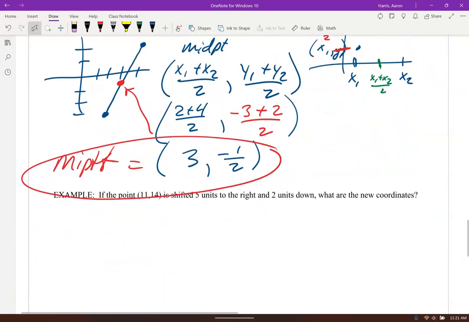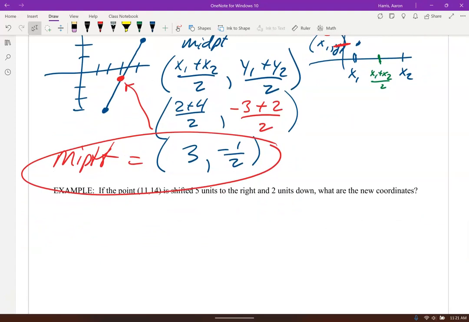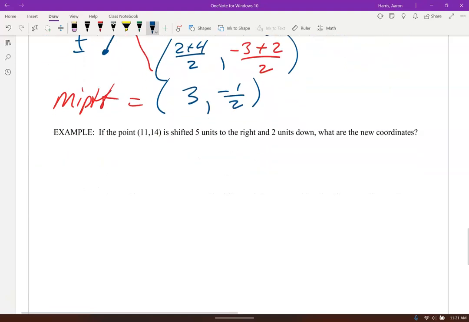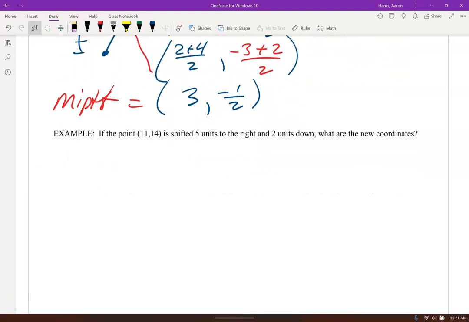So that's distance and midpoint. Now let's take this point 11, 14 and shift it 5 units to the right and 2 down. Okay, so here's 11, 14.